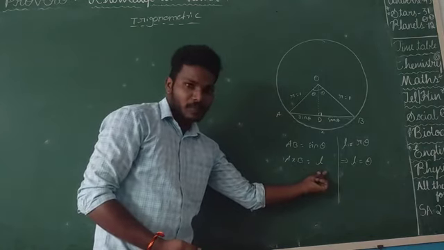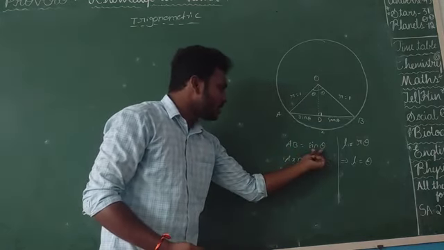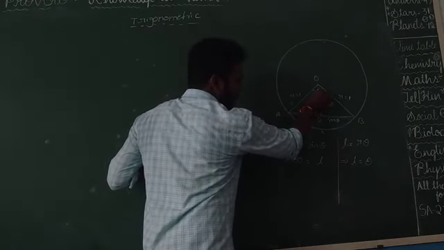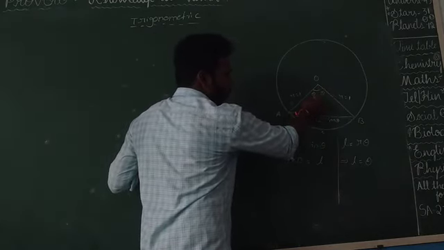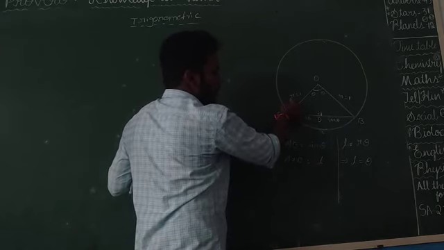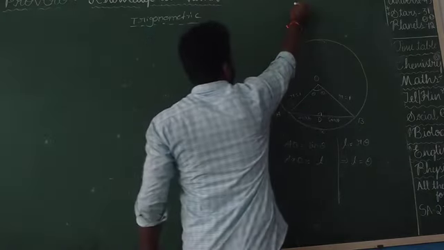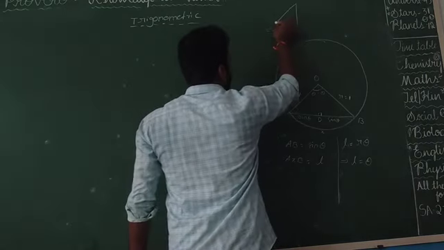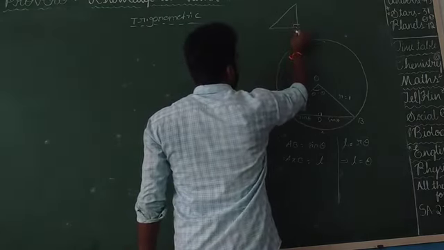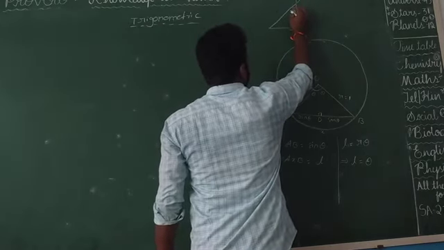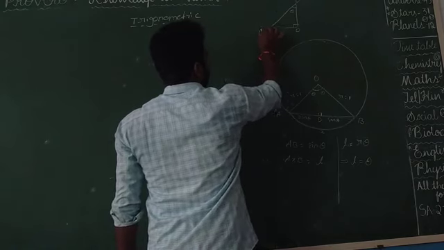AB is equal to sin theta. Why? Because here the angle made is theta. Using the sin ratio from trigonometry, sin theta means opposite by hypotenuse. For example, in this right angle triangle, the angle at D is 90, and at the point O the angle made is theta, with A as the other point.